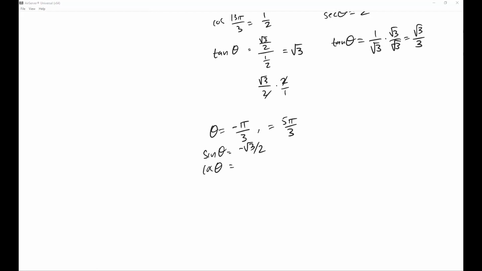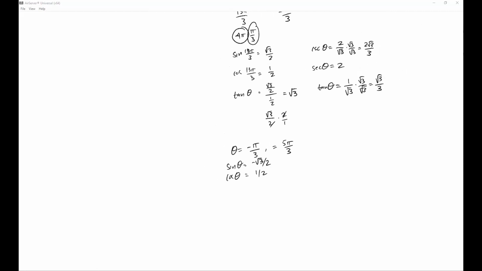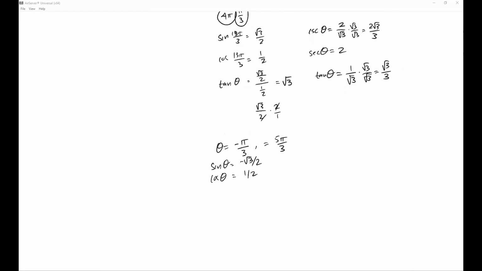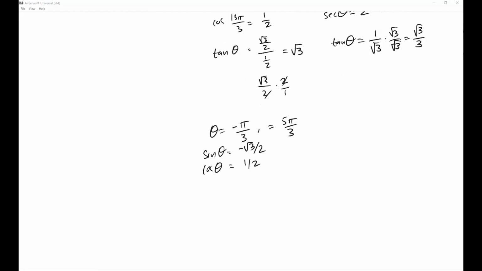The cosine is positive 1/2. So it's very similar to what you did with the first one, right? Tangent would be just negative radical 3, because a negative divided by a positive number is negative.